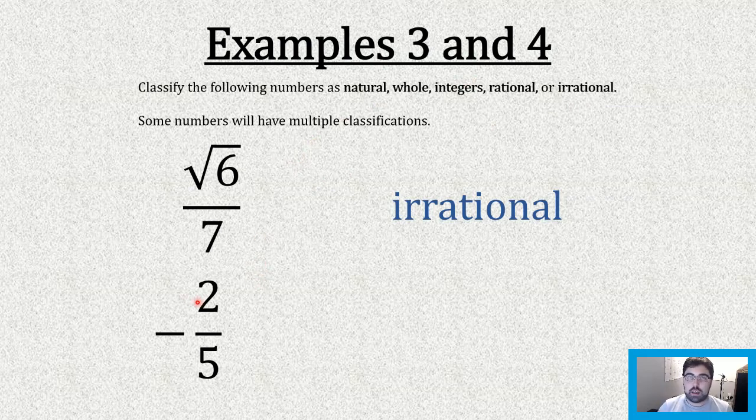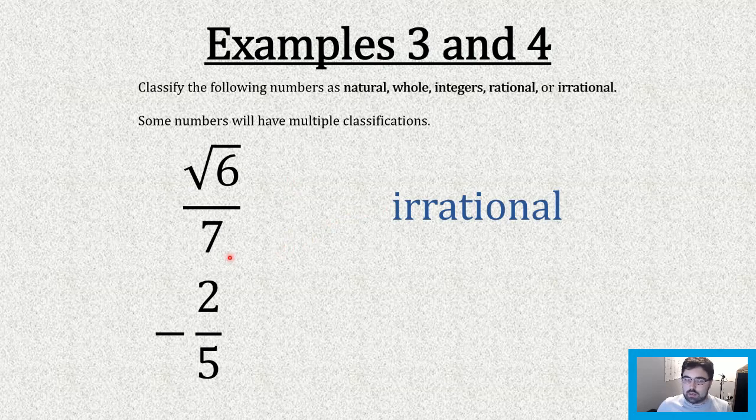All right, second example, -2/5. A lot of people are going to look at that and think integer, and they would be wrong. The reason why they would say integer is because they see that negative sign, and integers is where we introduce negative numbers. That is true. We do introduce negative numbers when we're talking about integers. The problem is that is a fraction, and it's already simplified as much as it can be. So we have a ratio, a fraction, of 2 integers, 2 and 5, and it's negative, which is okay.